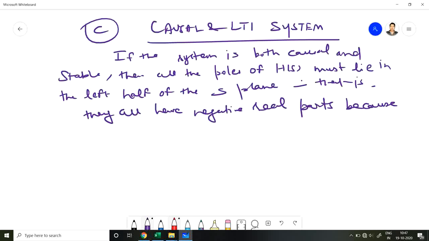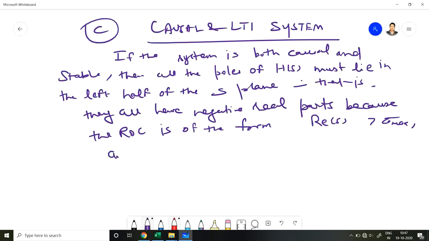because the ROC is of the form real part of s greater than sigma max.